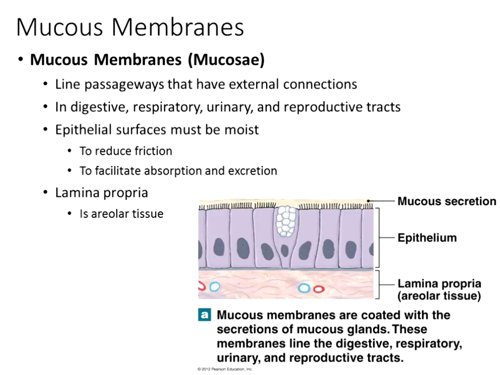Okay? The connective tissue is typically going to be areolar connective tissue, so it's lamina propria, its background material that connects the epithelium to the underlying part of the body. The material that is mucus, the sliminess, not every single columnar or cuboidal cell of the mucous membrane is going to produce.